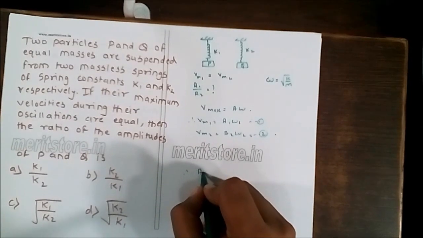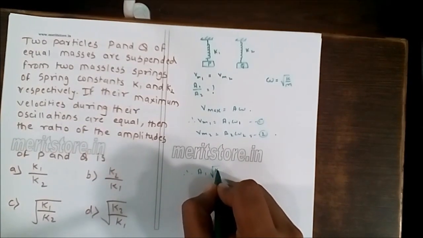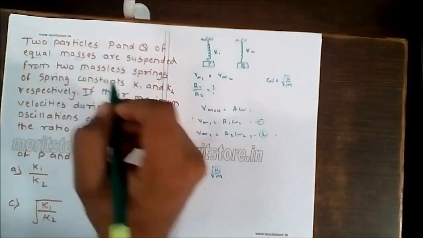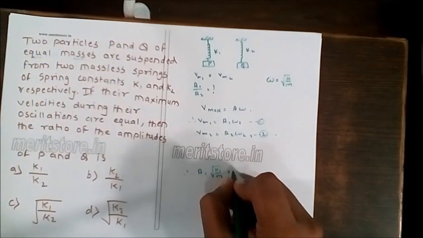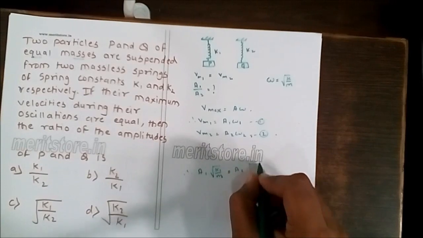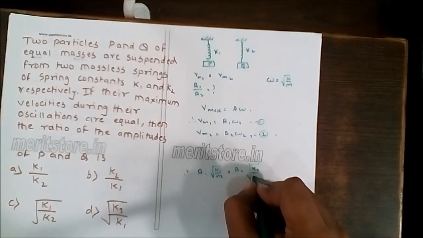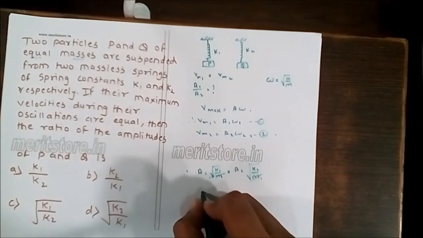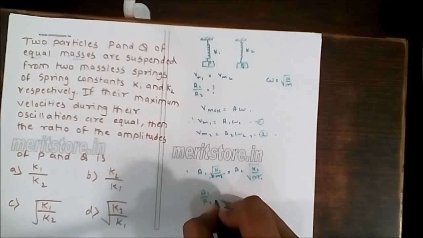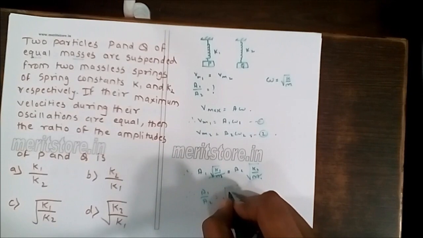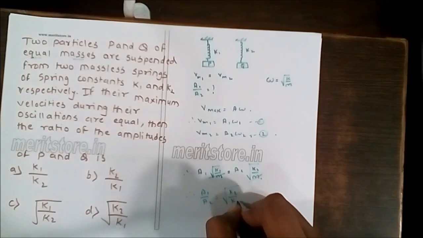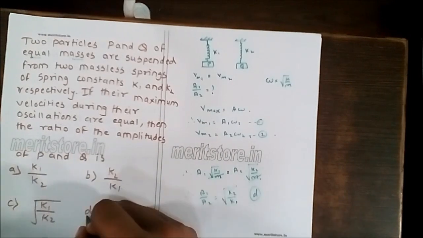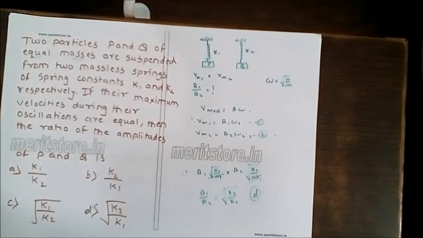Therefore, A1 root of k1 by m, since the masses are equal, I won't write m1 and m2, is equal to A2 under root of k2 by m. So m and m will get cancelled. A1 upon A2 is equal to under root of k2 upon k1. Option D.